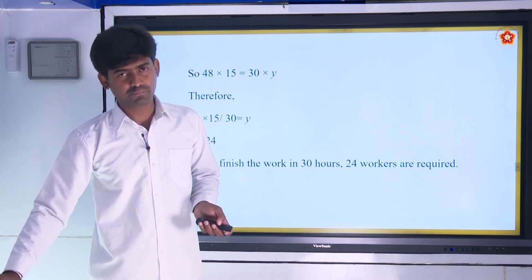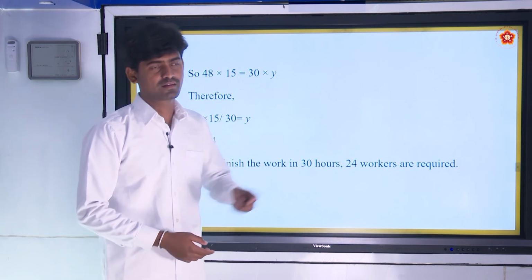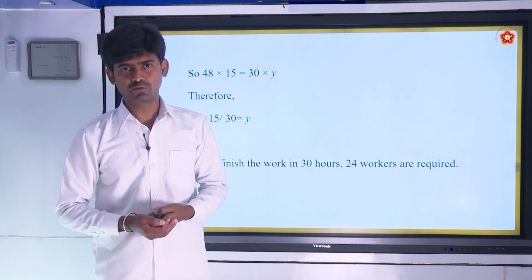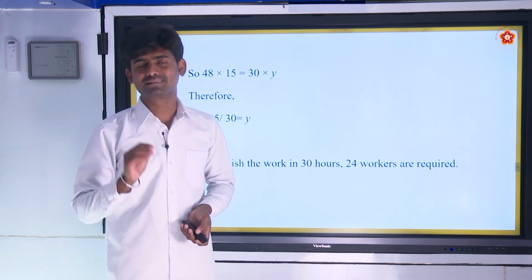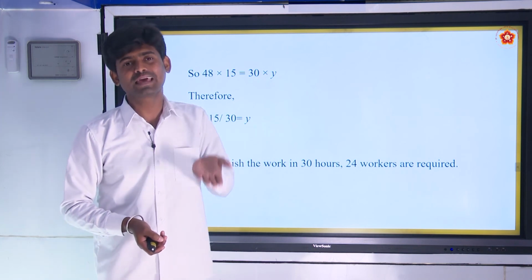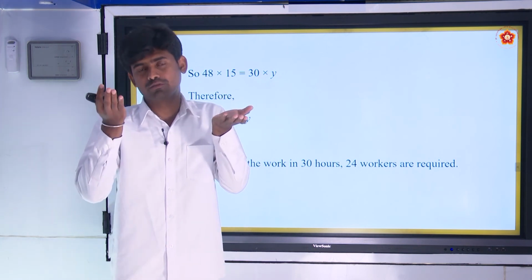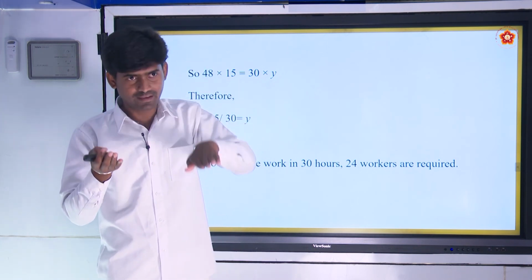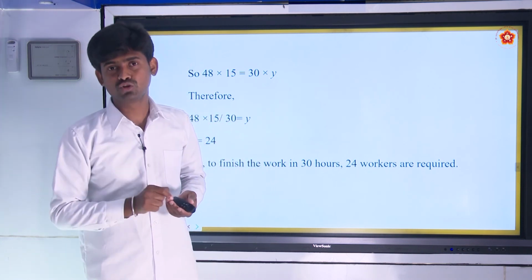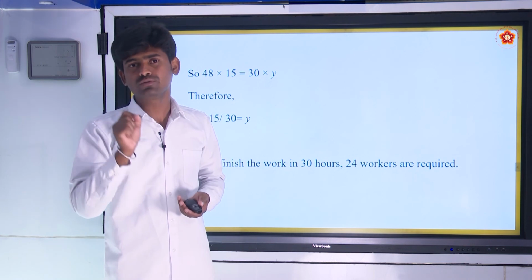Here is the completion of direct and inverse proportion. What we have learned in this chapter, we can recap. First, what do you mean by direct proportion? Direct proportion means if we increase the x value, the y value also increases. If we decrease the x value, the y value also decreases, but the ratio x by y is equal to a constant.